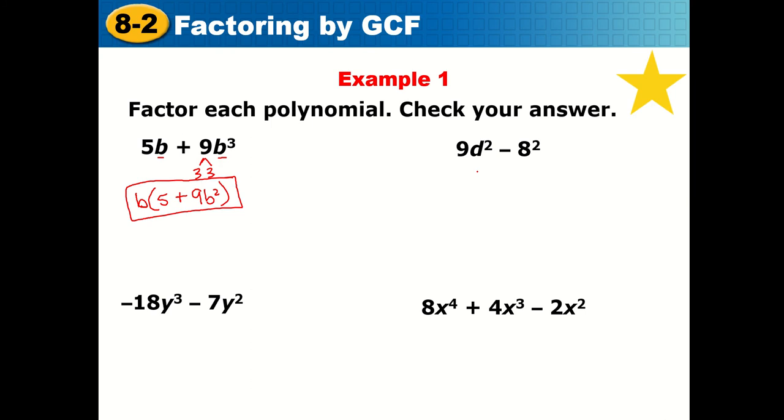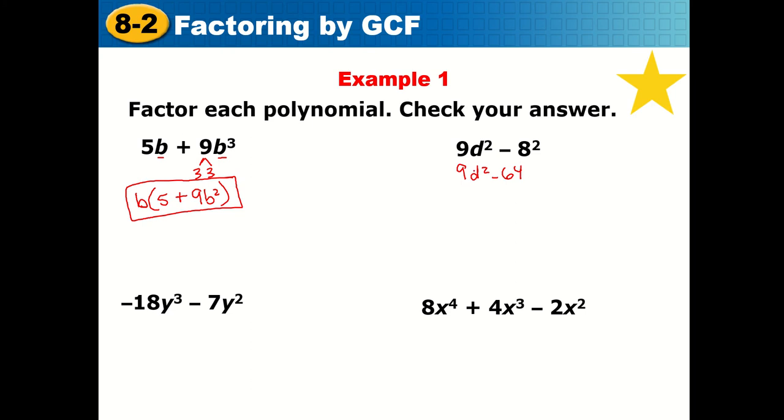Over here, this really is 9d squared minus 64. So if we have 9, this is 3 and 3, and 64 you can't divide by 3. You could divide it by 2, you can divide it by 8.